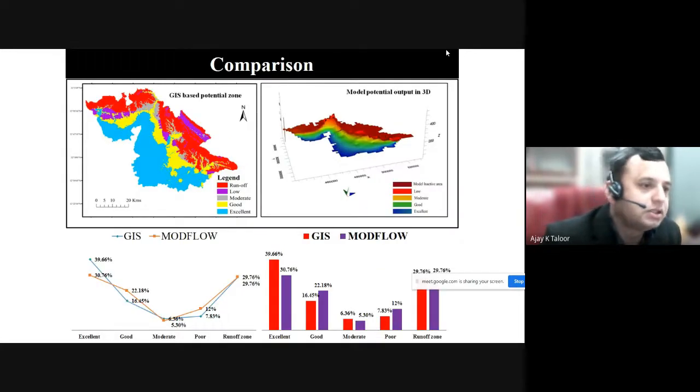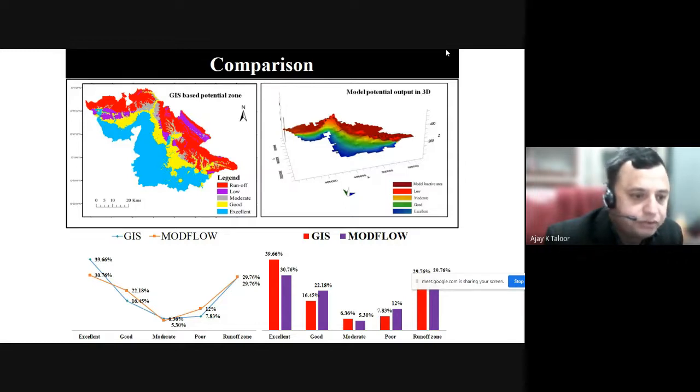So this is the MODFLOW. This is our GIS based potential map. This is the model output map, based on the groundwater modeling. You can see that GIS shows 39% area as an excellent zone, whereas groundwater MODFLOW shows 30%. So the trend is almost similar.